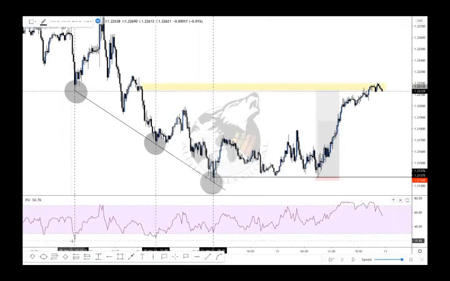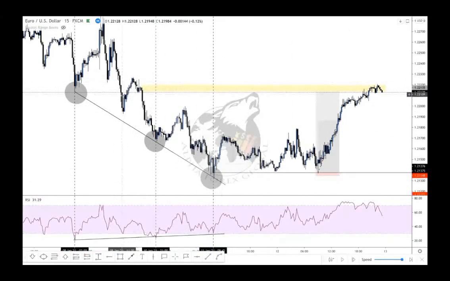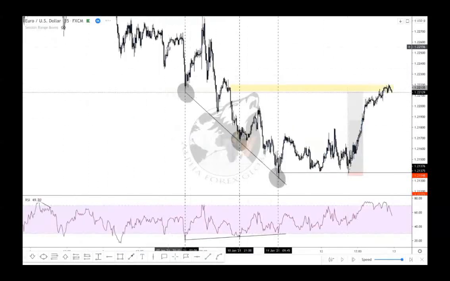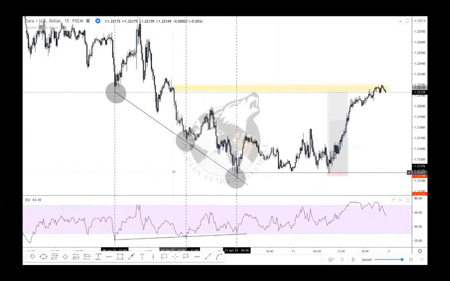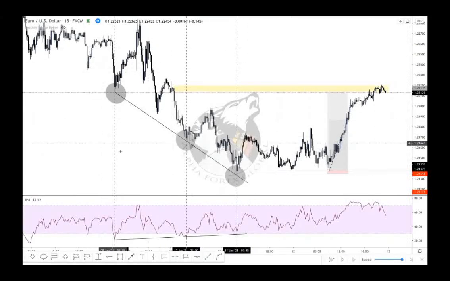What divergence does is tell you that the trend is weakening. This is a downtrend, and the RSI divergence is telling you that this downtrend is weakening and there could be a possible reversal soon.